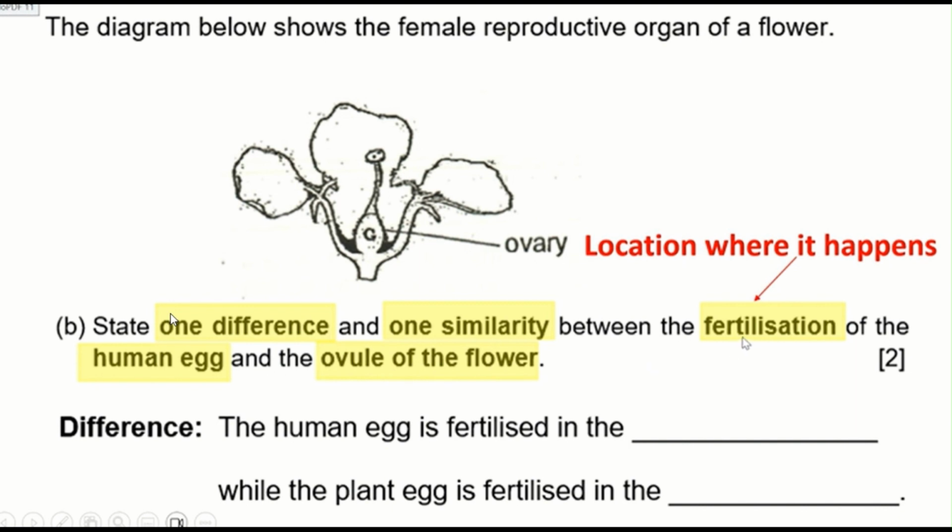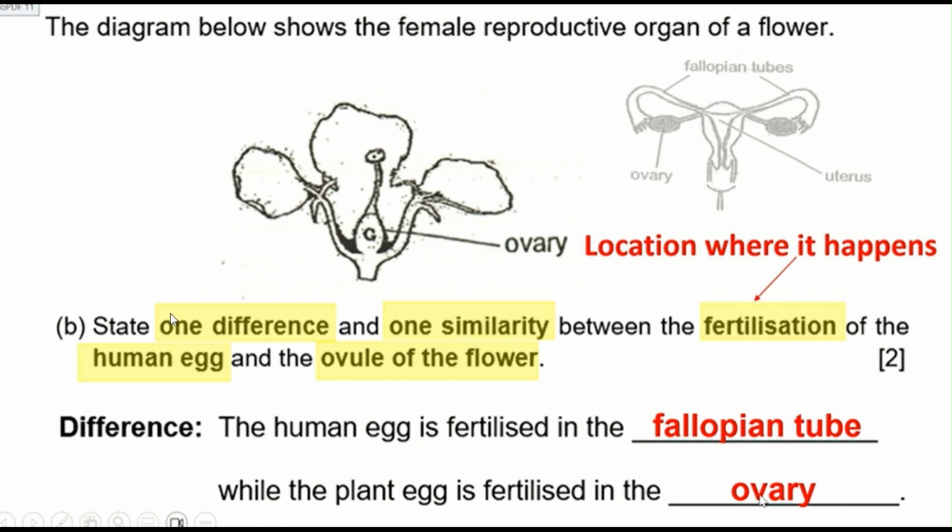One difference that we can state about the fertilization of the egg in the plant and human will be the location whereby the fertilization process happens. The human egg is fertilized in the fallopian tube, while the plant egg is fertilized in the ovary.